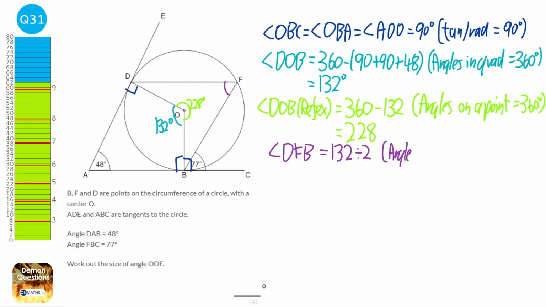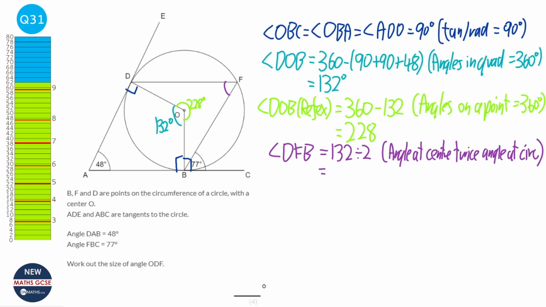Angle at centre twice angle at circumference. Okay, so when we halve that, so 132, and we're going to halve it, so that's 66 degrees. We should really put degrees on these. Okay, the next one we're going to work out is this angle here, which is angle OBF.